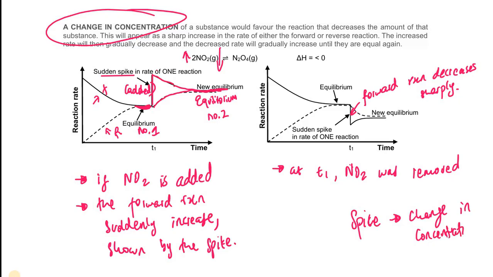A spike tells you that there was a change in concentration. The forward direction immediately goes down, and then it starts to increase again, same as the reverse, so that they reach another equilibrium. I hope it's clear in terms of how concentration affects the rate graphs.